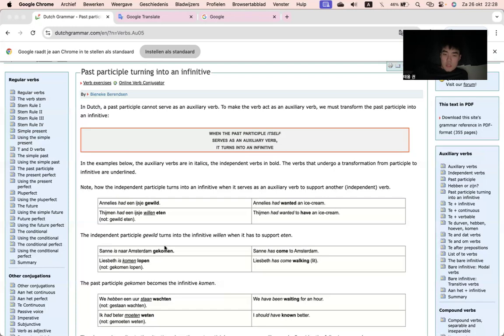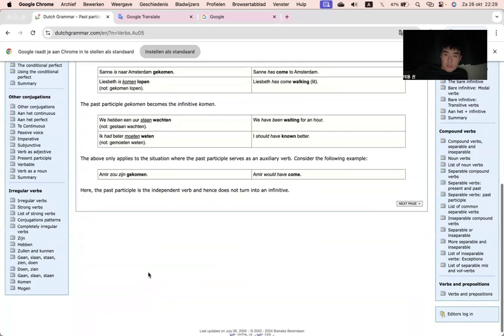It has to support eten. From komen, it becomes komen to support lopen, right? So it's not gekomen lopen. It's instead, deze wet is komen lopen. We willen, not gewilde eten, but just willen. Okay, I get this.